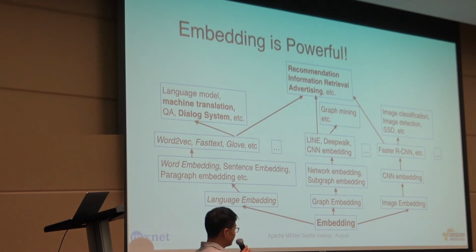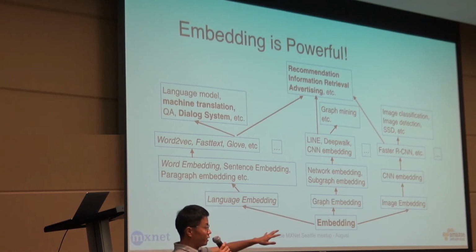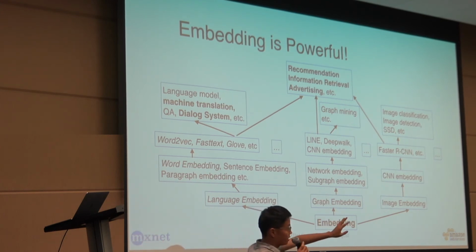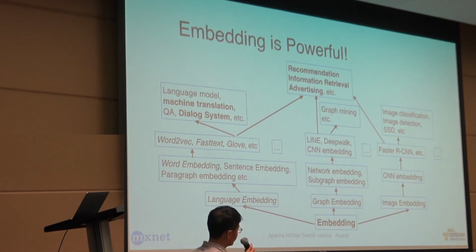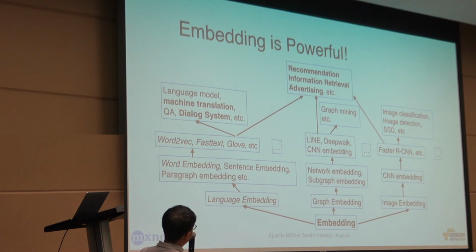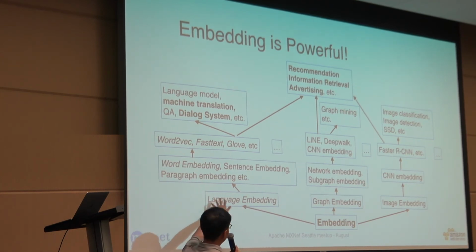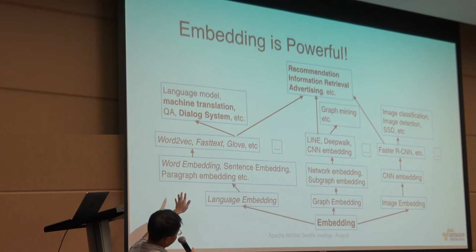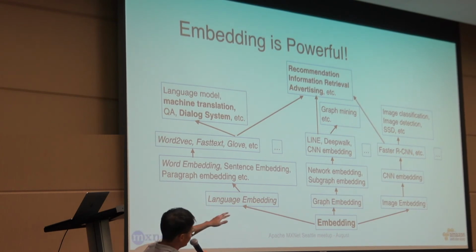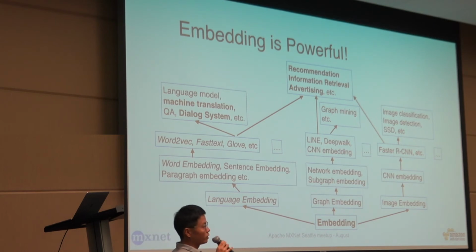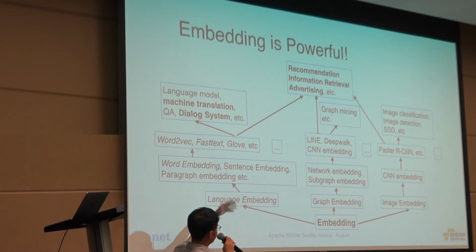Embedding can be in any category. Language embedding is one, and graph embedding, image embedding, and so on. Today we want to cover the embeddings in the NLP domain, which is aligned here. In language embedding, we have word embedding, sentence embedding, paragraph embedding, even document embedding. Some people are doing that.